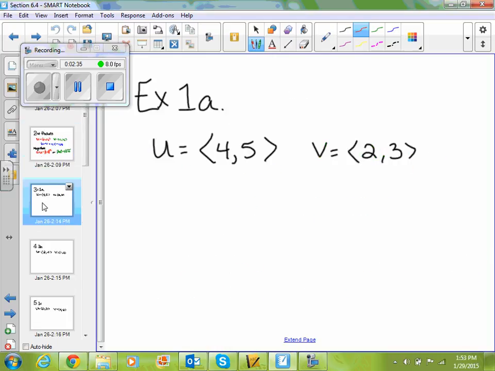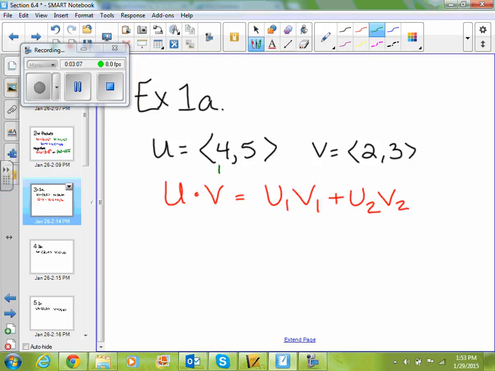So if I look at example 1a and I go to find my dot product, I'm given a vector u of 4, 5, and a vector v of 2, 3. My dot product formula tells me that I take u1 times v1 plus u2 times v2. So I'm going to let my first vector be u1, u2, and my second vector be v1, v2.